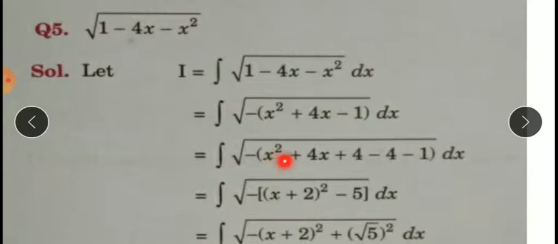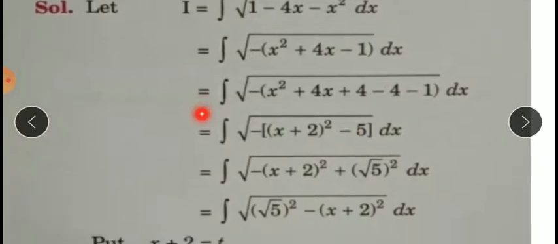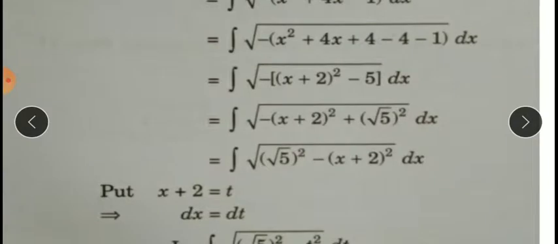Here up to this step, this is x plus 2 whole square, using the formula a plus b whole square. Minus 4 minus 1 is minus 5. Now this can be written as integration root of minus x plus 2 whole square minus root 5 whole square, minus into minus is plus.